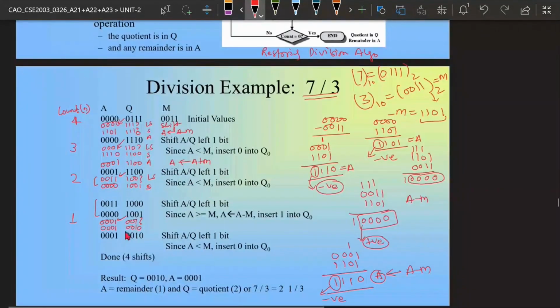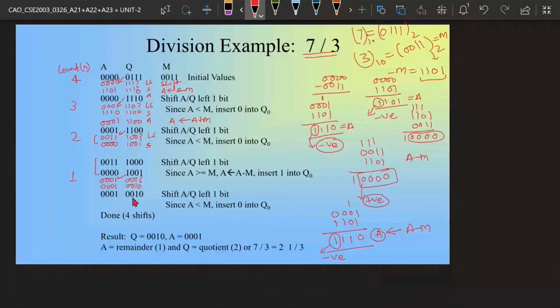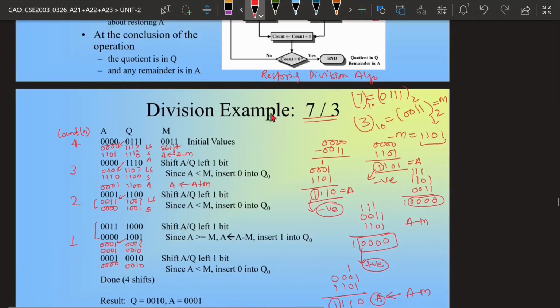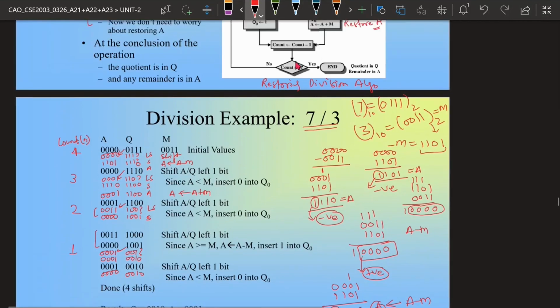So after addition it will be 0, 0, 0, 0, and the Q value should be 0, 0, 1, 0. Then we should be coming out by reducing here. Once we reduce it, the n value, the count value, is 0. So now that is the end of the operation.